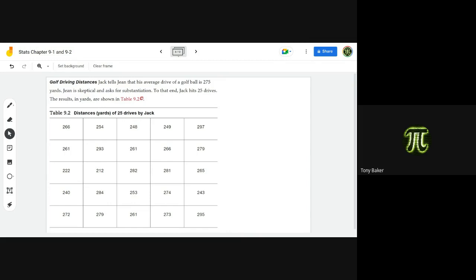Let's figure out our null hypothesis and our alternate hypothesis. What is my null hypothesis for this one? Yes, my mean is 275 yards. All right.